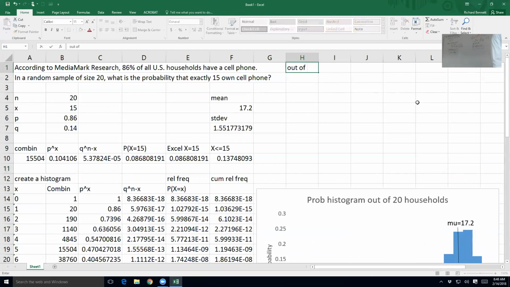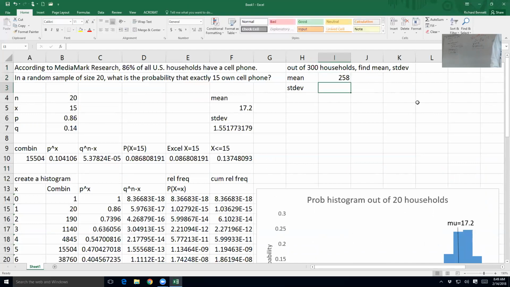Out of 300 households, we'll still assume the same thing. Find the mean and the standard deviation. So what do you think, Jacob? Your sample size is going to be, that'd just be 300 times 0.86.